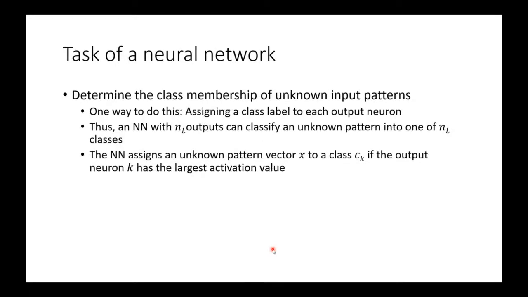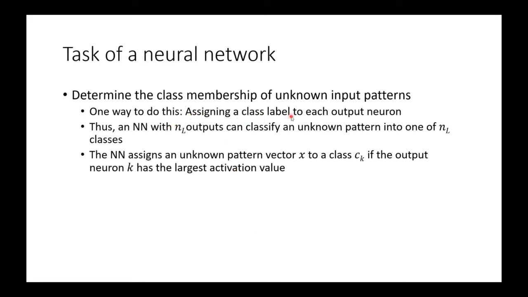The task of a neural network is to determine the class membership of unknown input patterns. It's the same task as the perceptron: given an example, find whether this example belongs to class A, B, C, D, E, or whatever class. It's a classification. So it's the basic task of a neural network.